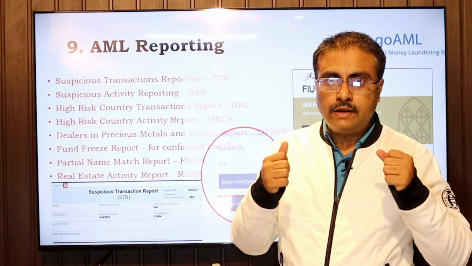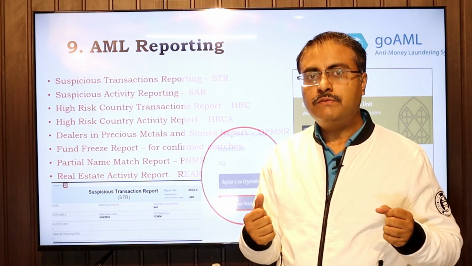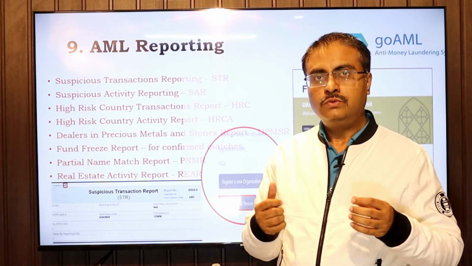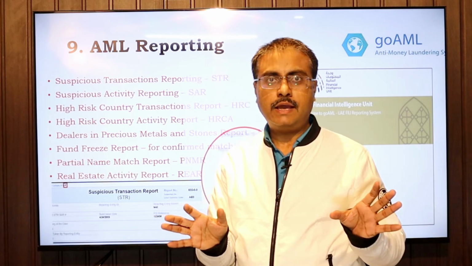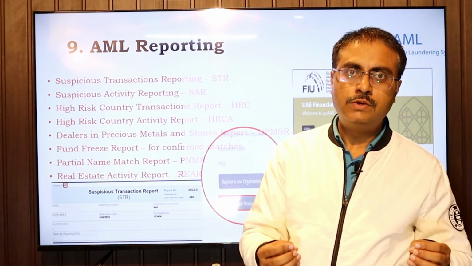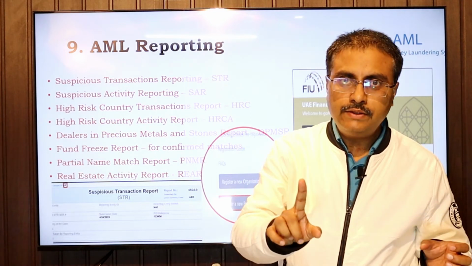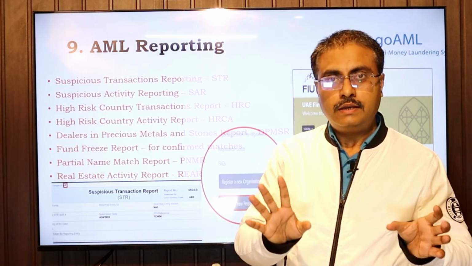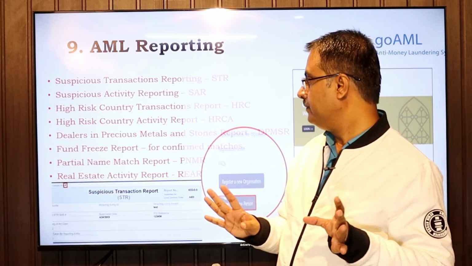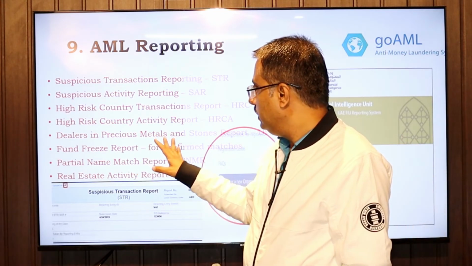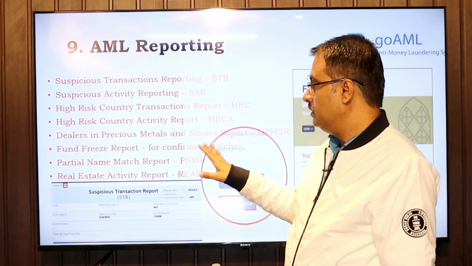If you are a jeweler selling jewelry of more than 55,000 dirham, you have to take a KYC first of all. That is not required only for 55,000. Even when dealing with any customer, you have to take a KYC. So these are in respect of precious metals and stones.